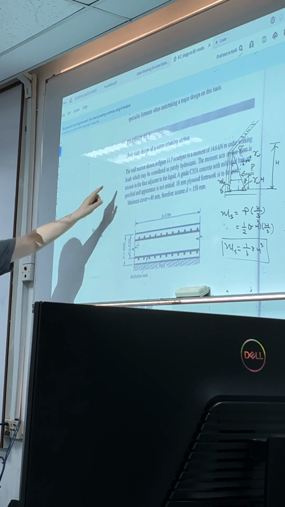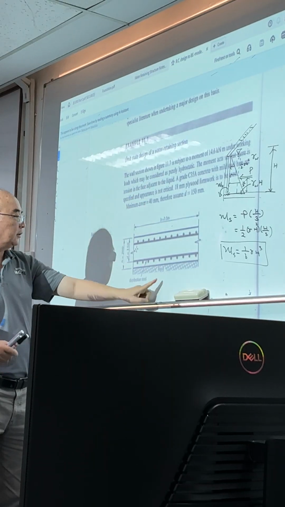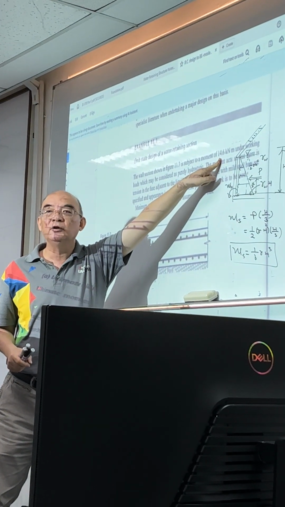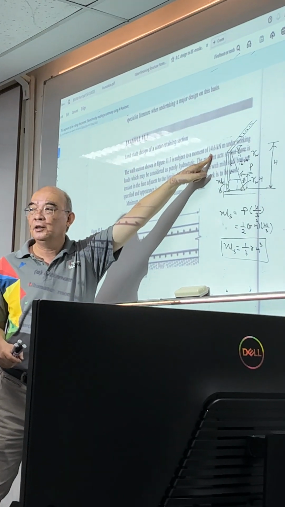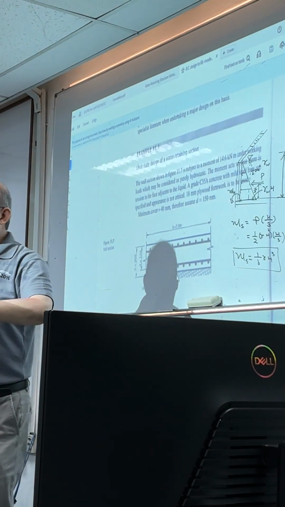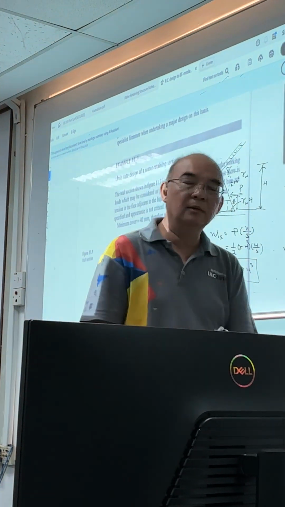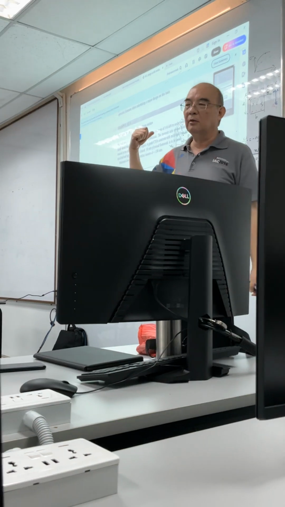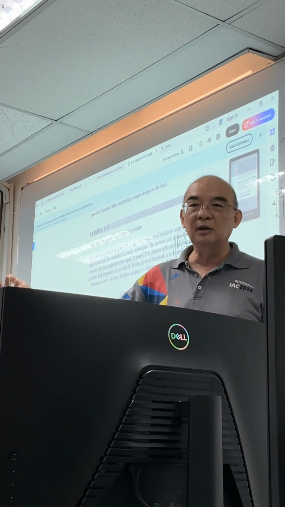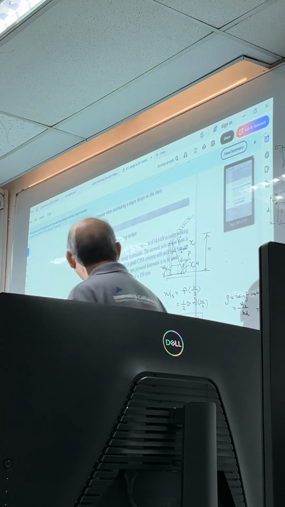Here the wall section shown in figure 11.7 is subject to a moment of 14.6 kilonewton meter. This 14.6, that's where it comes from. But the author didn't tell you how this 14.6 comes about. It actually comes from example 13.3.